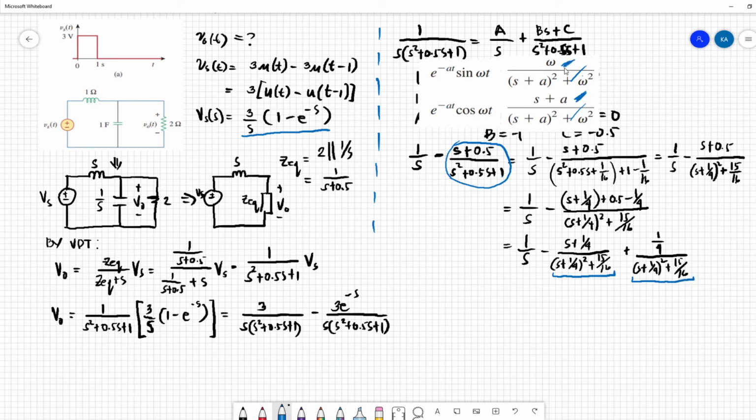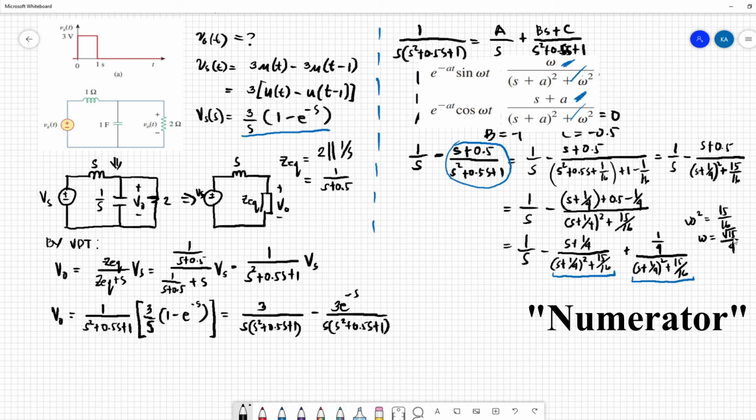Since omega squared equals 15 over 16, omega is equivalent to square root of 15 over 4. We need to have the numerator as square root of 15 over 4.